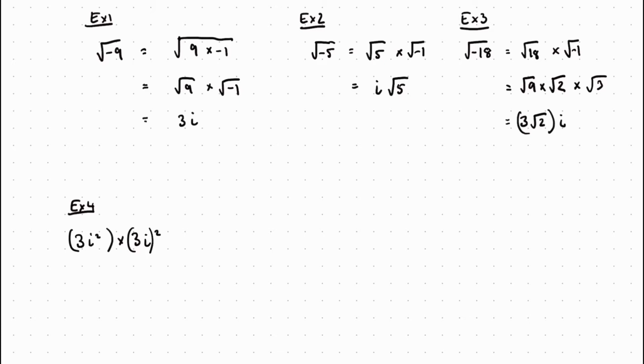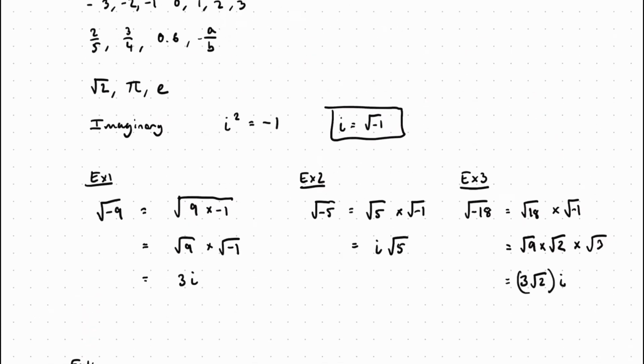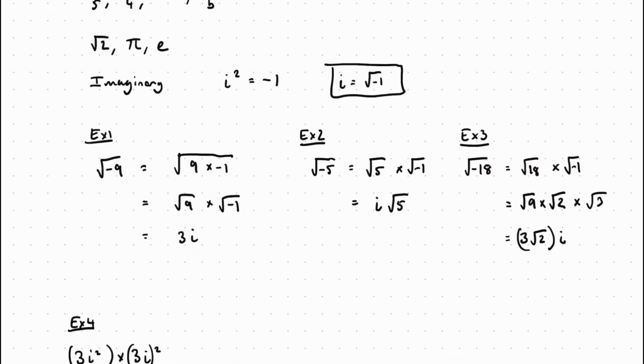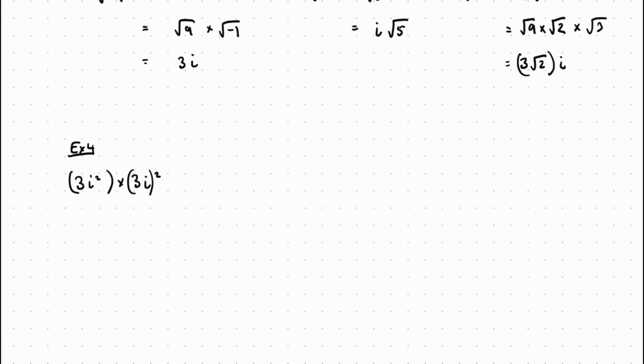So what is i squared? As I said earlier on, i squared is minus 1. So this becomes minus 1 times 3, which is minus 3, times (3i) all squared, which would be the same as 9i squared. Well, i squared, again, is minus 1. So this would become minus 3 times minus 9, which is positive 27.